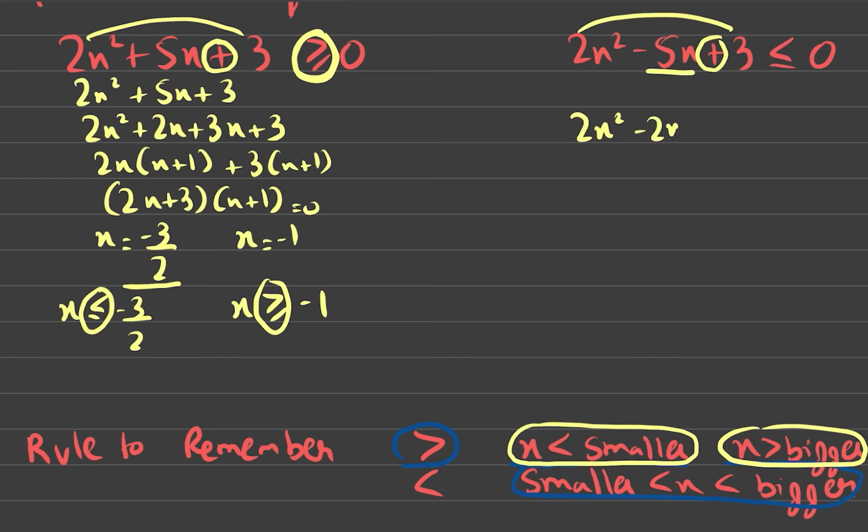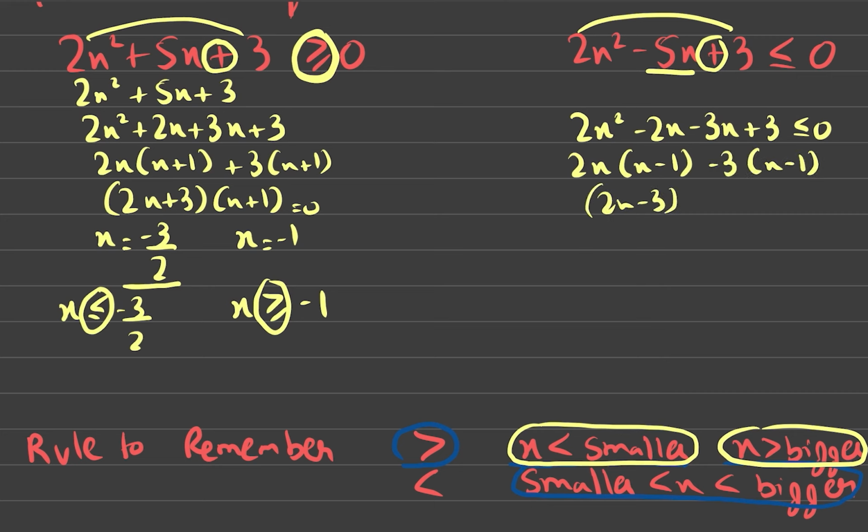So minus 2x minus 3x plus 3. Got this? Let's take 2x common, x minus 1. Let's take minus 3 common, x minus 1. So 2x minus 3, x minus 1. So one value of x is 1 and the other is 3/2.